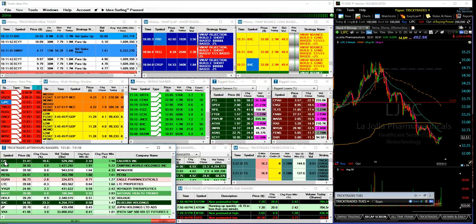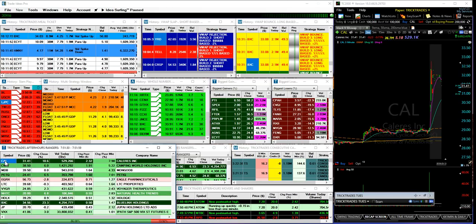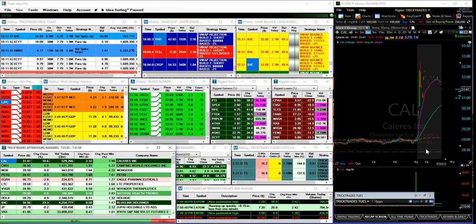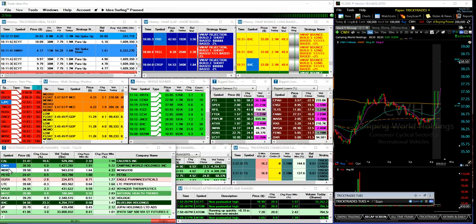And CAL is the top ranger after hours, and you can see it. So this will help you develop your watch list and let you know what's on the move after hours. So at TrickTrades, we always say we watch today's market for tomorrow's plays, okay? So this will help you really scout out your plays for tomorrow.